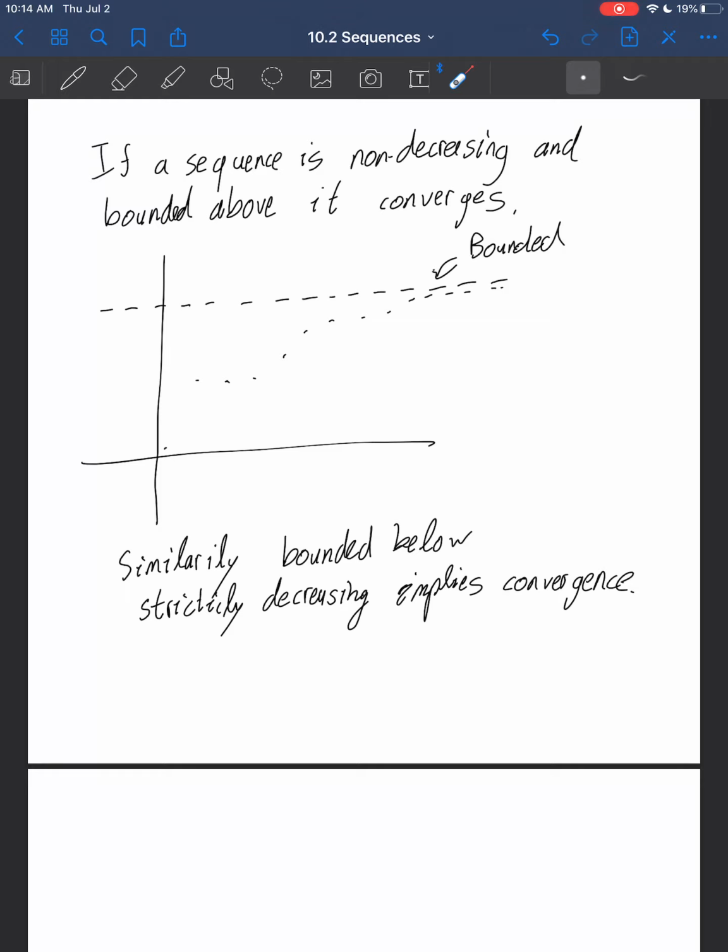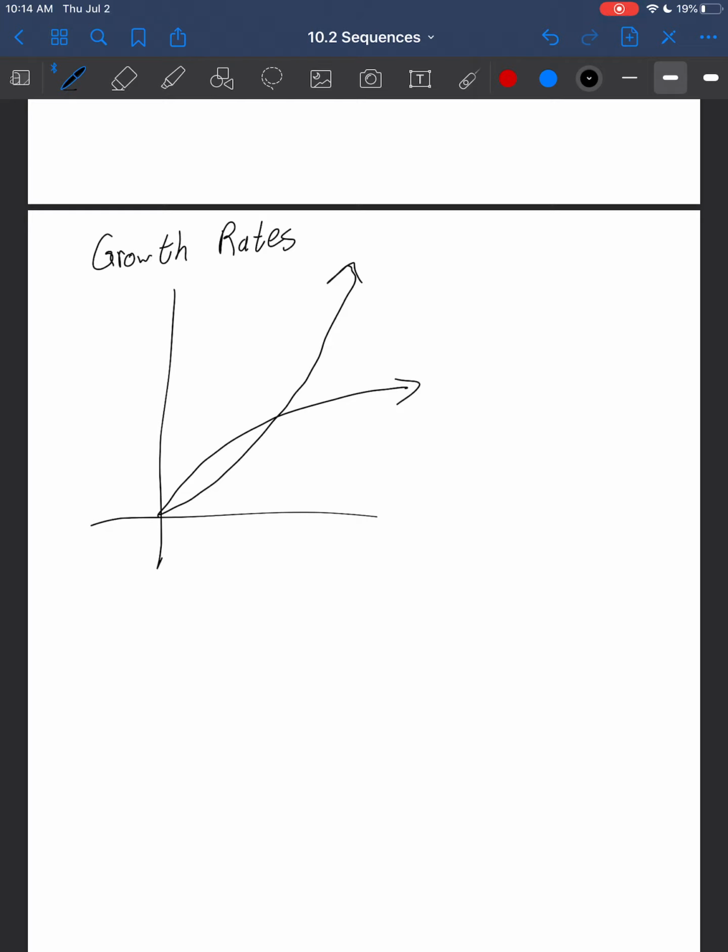The basic idea behind this is if I have something like a natural log, this is going to grow much slower than n squared. So natural log grows like this, n squared grows like this. Even if natural log is a bit bigger in the beginning, eventually n squared is just going to be so much bigger than natural log of n.